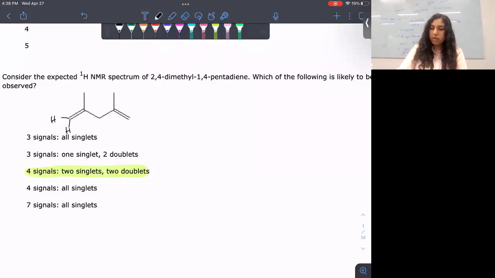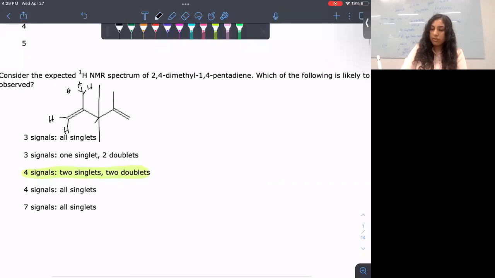But for this molecule, we have symmetry. So let's split it down vertically for the symmetry. And then we have our CH3 here. We have our 2 hydrogens coming from the double bond. And then we have our 2 hydrogens down here. So the signals here, the methyl is all 1.